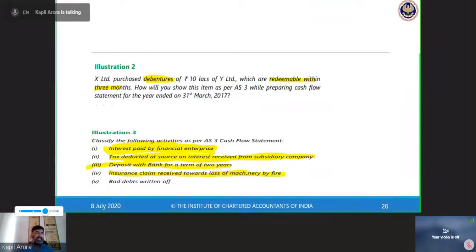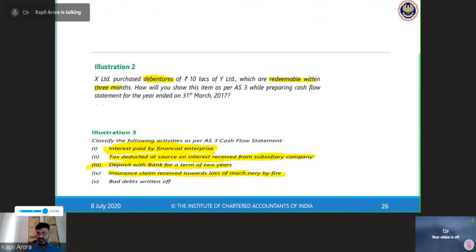Bad debt written off. What to do with bad debt written off? If there are bad debts and those are written off, any activity? So bad debt is actually the non-cash item.